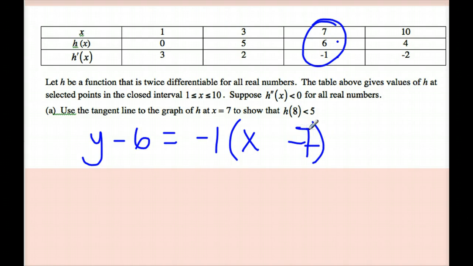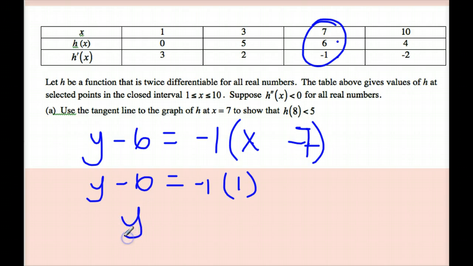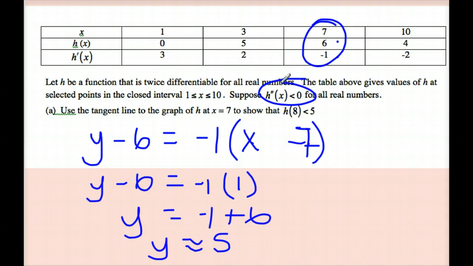So I plug in 8 and I get y minus 6 is equal to negative 1 times 8 minus 7, which is 1. So y is equal to negative 1 plus 6, and that gives me y is approximately equal to 5. And this tells me that h double prime is negative, so I know I'm concave down. So that means this approximation is actually over what we need. So the actual value is part of this blue line and is below that tangent line.